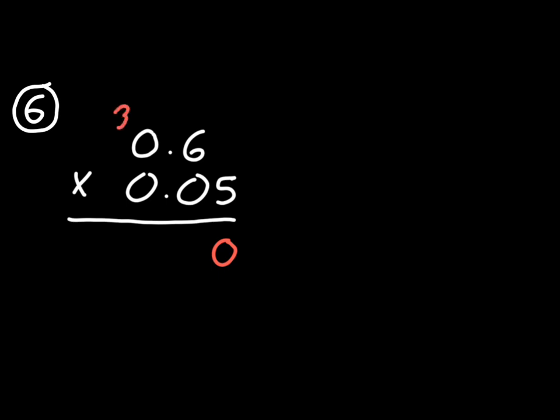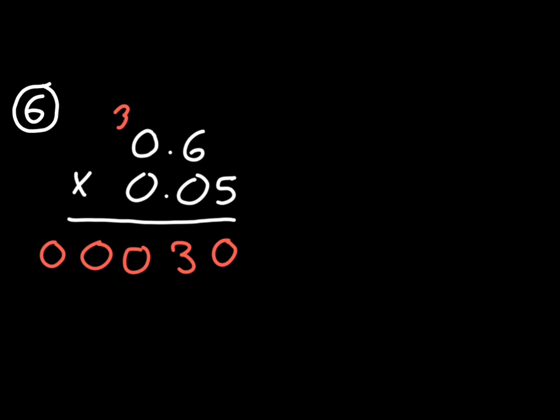So to start off, 5 times 6 is 30, so we can keep the 0 there, carry the 3. 5 times 0 is 0, and we add the 3 to give us 3. Now, as we can see, if we multiply any of these other numbers together, we are just going to get a whole lot of zeros. So there's no point carrying on.